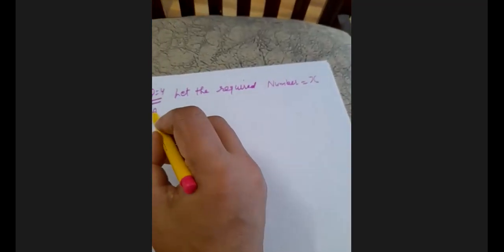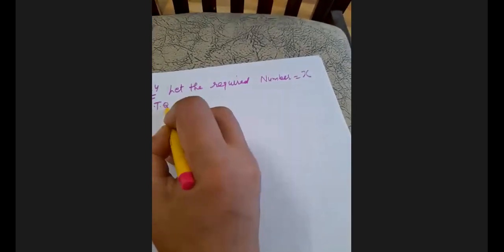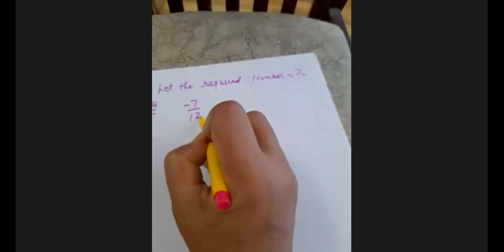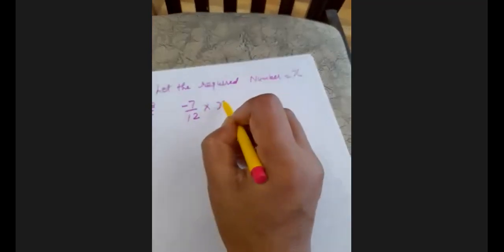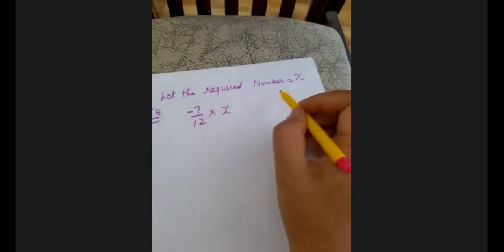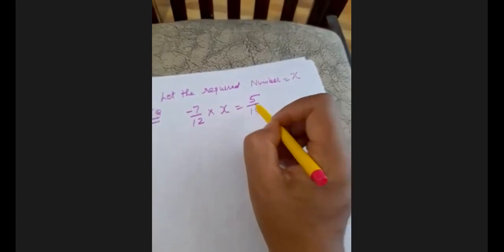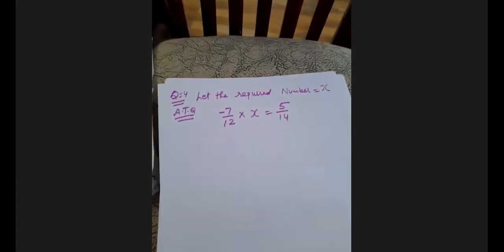Now, according to your question, minus 7 upon 12 multiplied by x gives the product 5 upon 14.